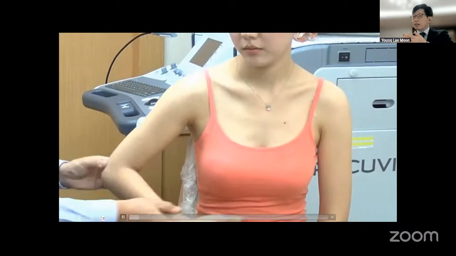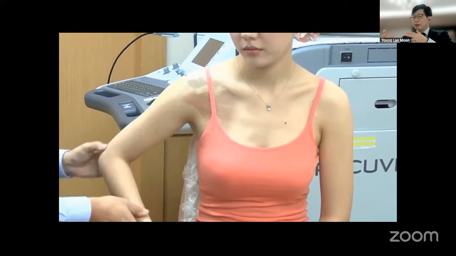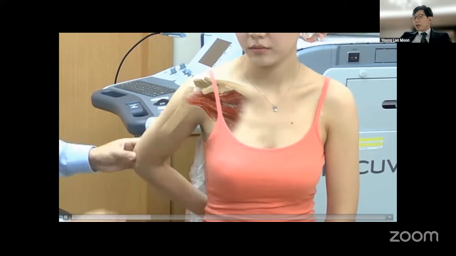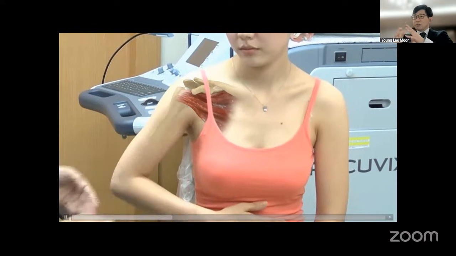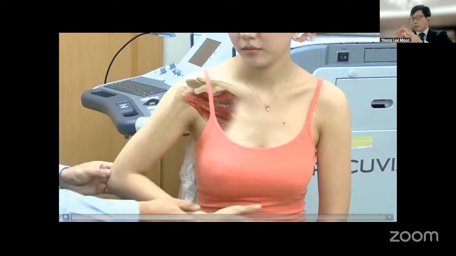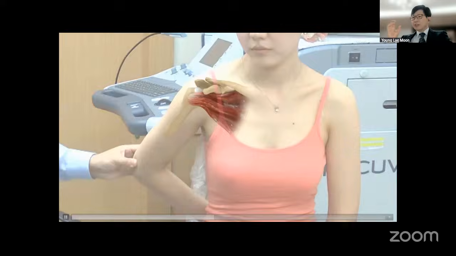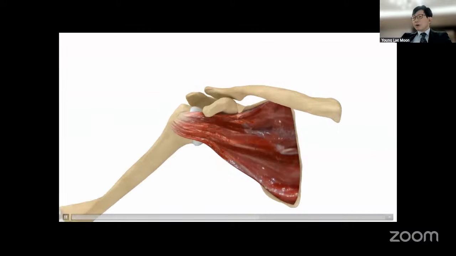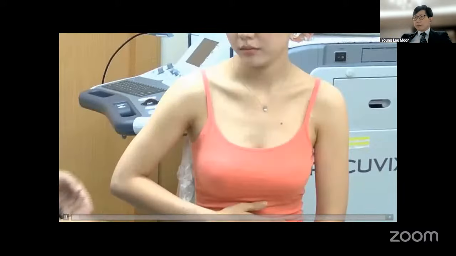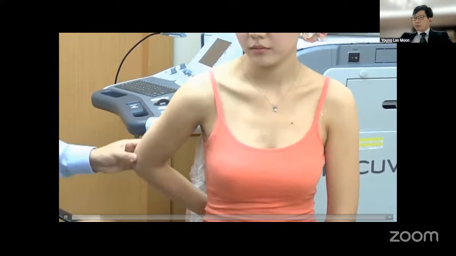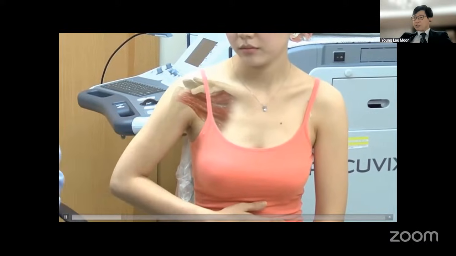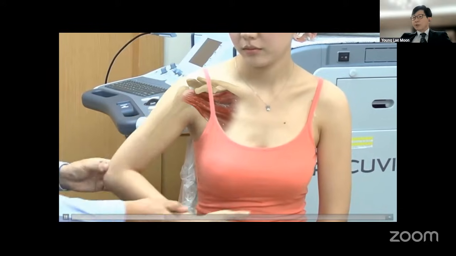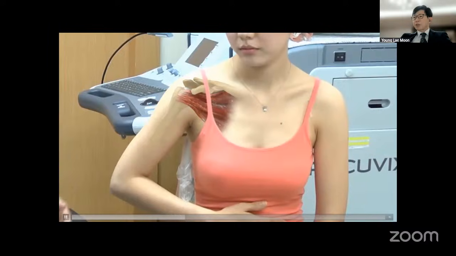The belly press test evaluates subscapularis integrity. We apply a push to the belly, and then we can determine whether the patient's tendon is okay or not. The patient places their hand flat on the abdomen with the elbow forward and presses firmly. The subscapularis generates internal rotation.